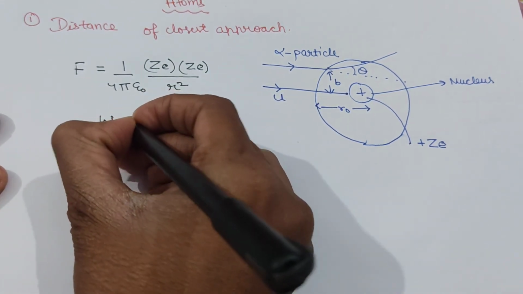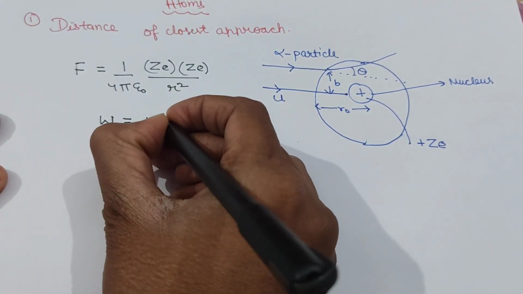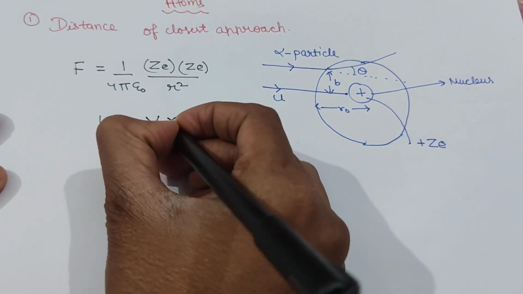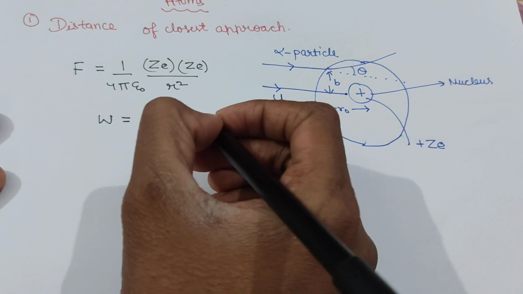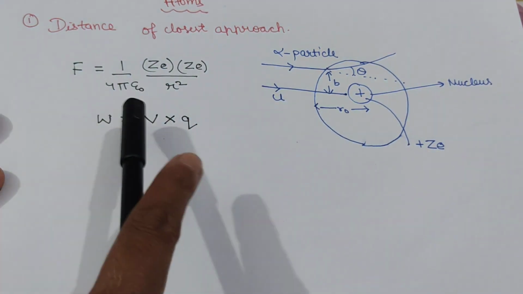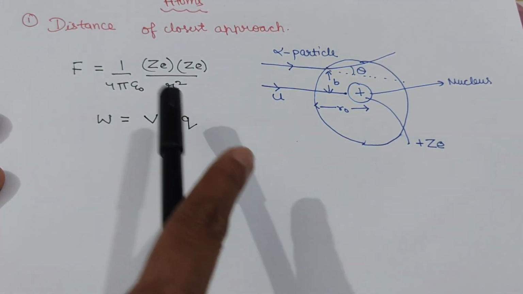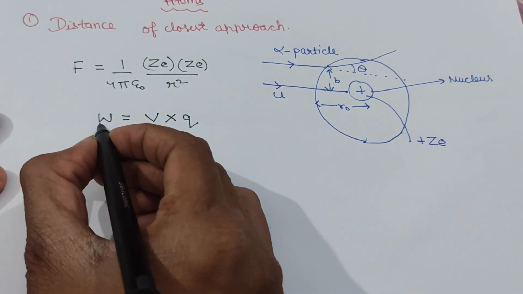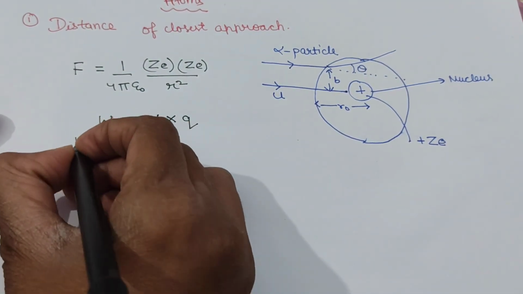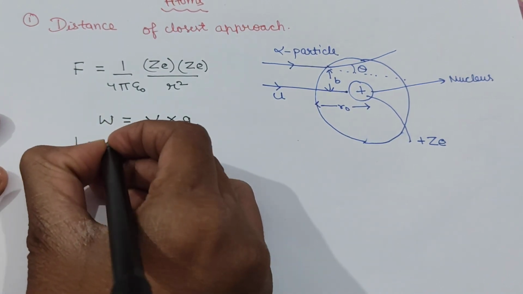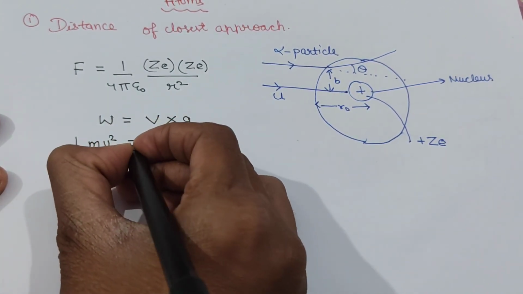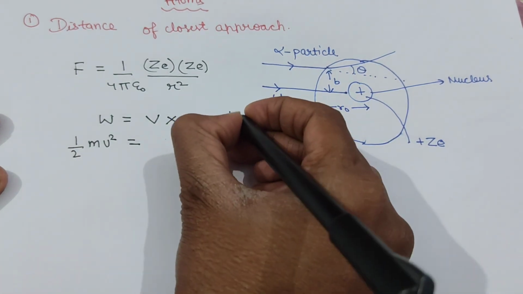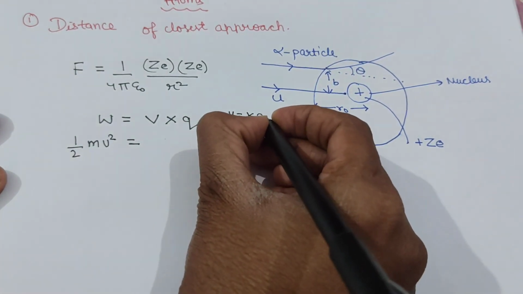So we know that potential is equal to work done divided by charge. It is a 10th grade formula, V equals W by Q. So here we go. Work done is nothing but energy, so half mv square, the initial kinetic energy, and we know that V is equal to kq by r.